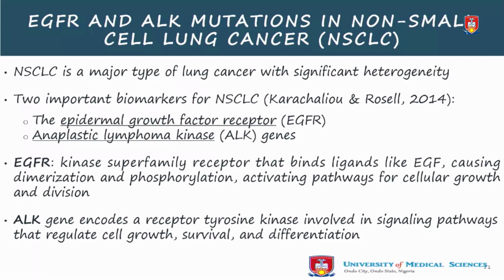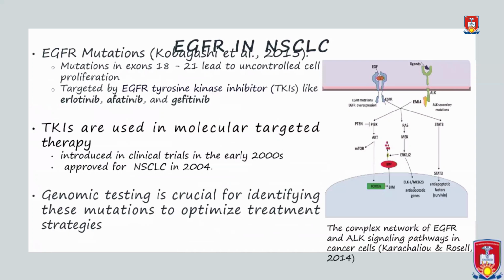And then they discovered that these receptors bind ligands like EGF and cause a lot of dimerization and activate pathways for cellular growth. And they found another one, that is the anaplastic lymphoma kinase.